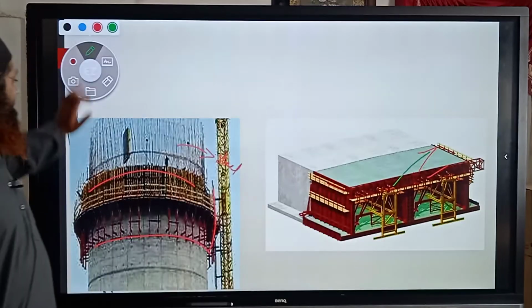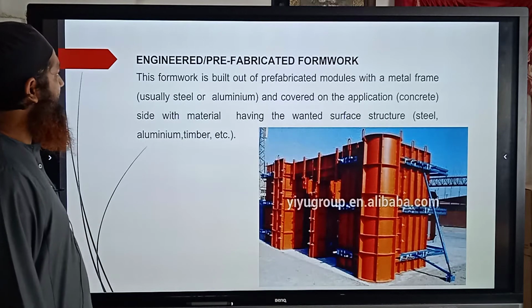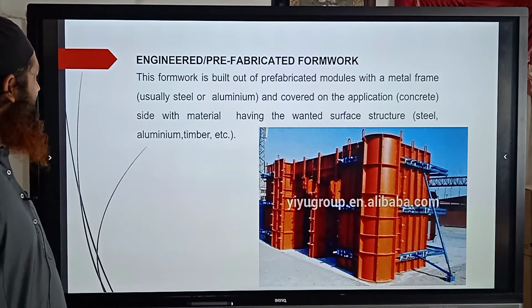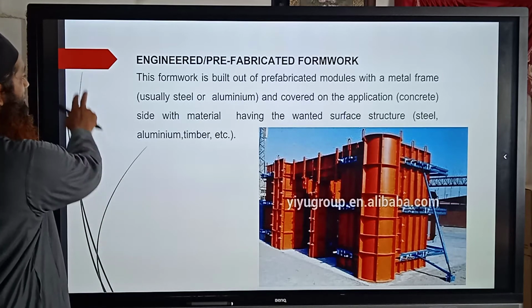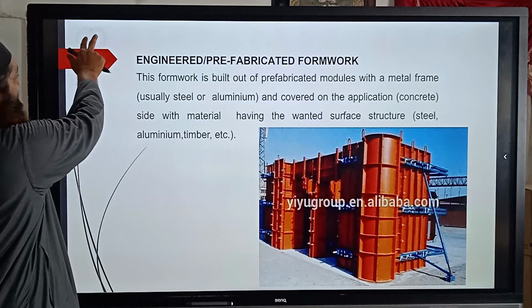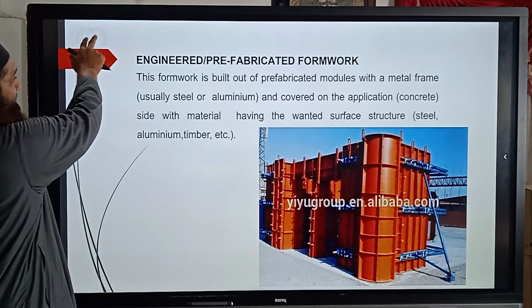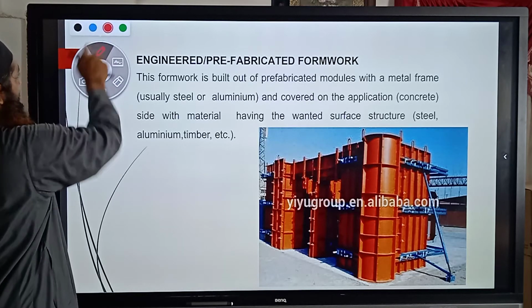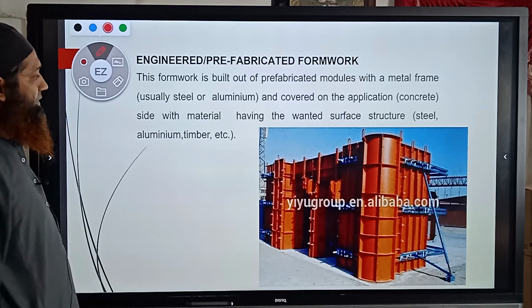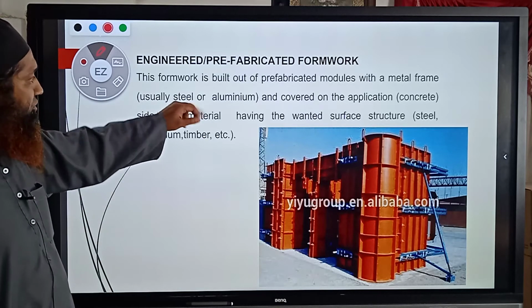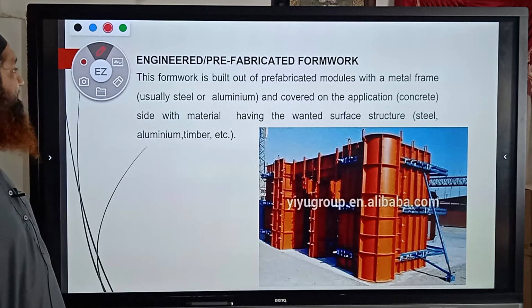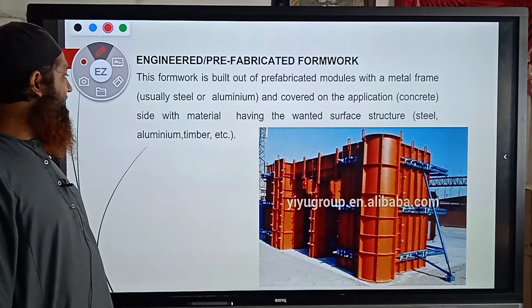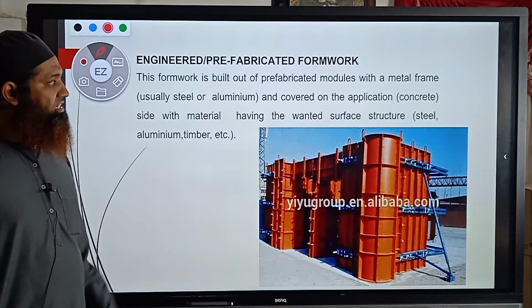Let us see prefabricated formwork. As I had told you how important prefabricated formwork is, this formwork is built out of prefabricated modules with a metal frame and covered on the concrete side with material having the wanted surface structure.